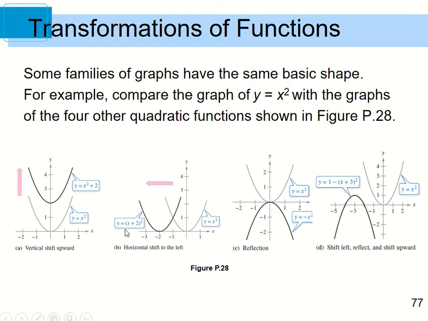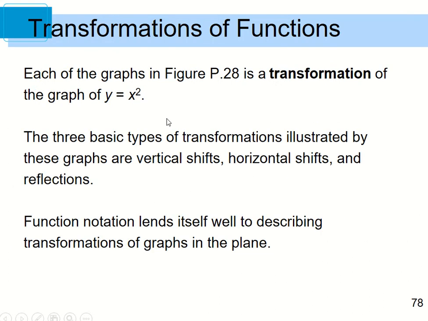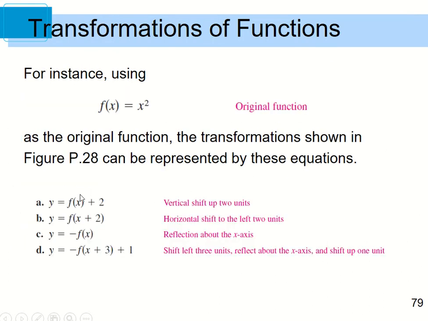Now, if the plus or minus of a certain value happens inside the function, the graph will be shifted horizontally, left or right. And if we multiply the function by a negative value, reflection happens. Let's take a look at this example to understand better.